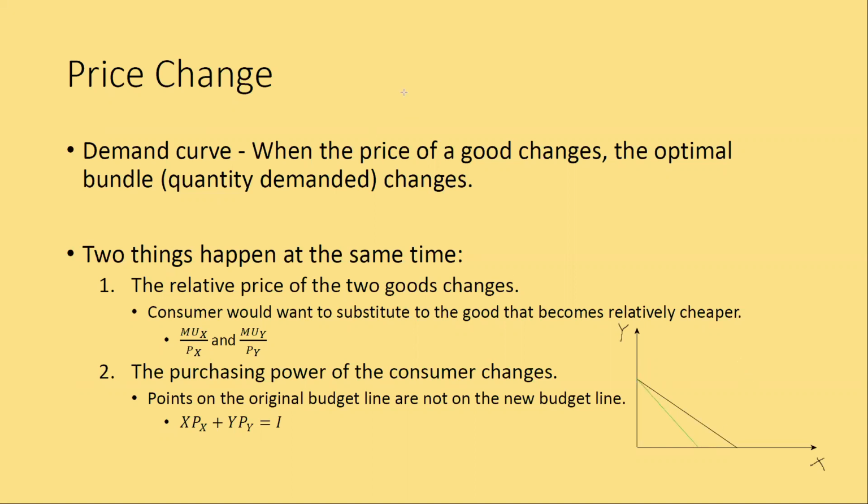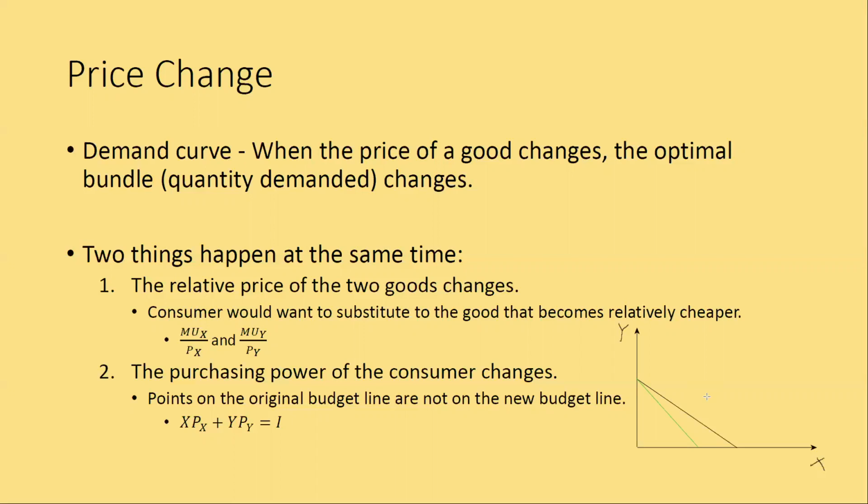So every point that is on the original budget line, which is the black line, is now outside of the new budget line, which is the green line. So basically every point on the original budget line is no longer affordable, right? This also means that the original bundle, which would be on the original budget line, will no longer be the new optimal bundle, for the reason that it is not affordable anymore.